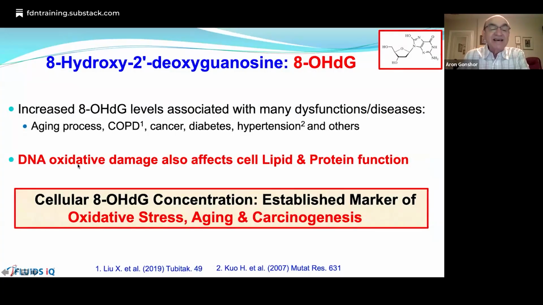It is looking at DNA oxidative damage, and it is in a cellular concentration. It is the established marker of oxidative stress, of aging, folks, aging, and carcinogenesis. And I put that at the end, very important. In other words, it will let you know if it becomes very high. It can be one of the early markers that there is a possible carcinogenic issue going on and that you could be getting into an issue of cancer.